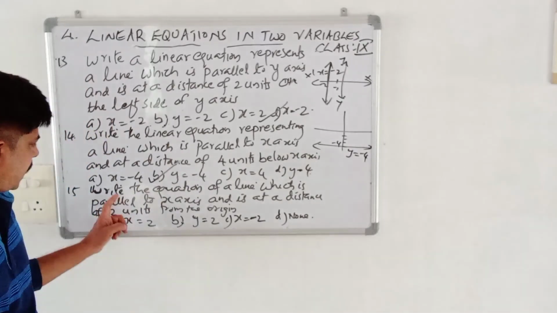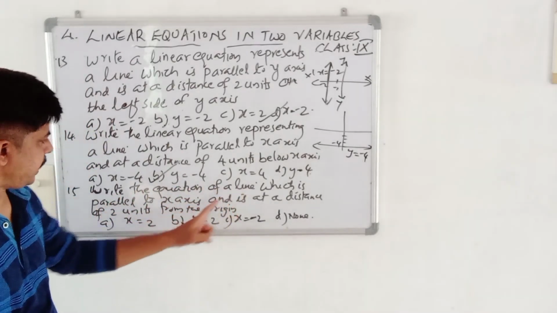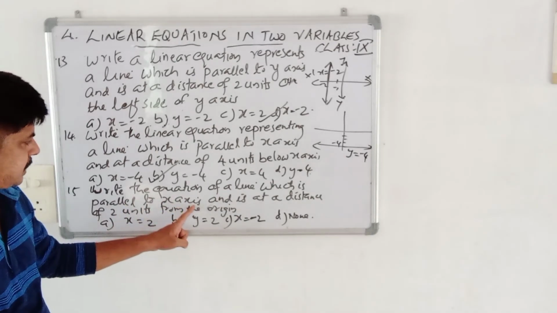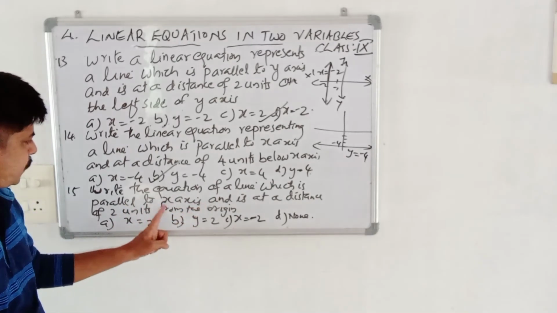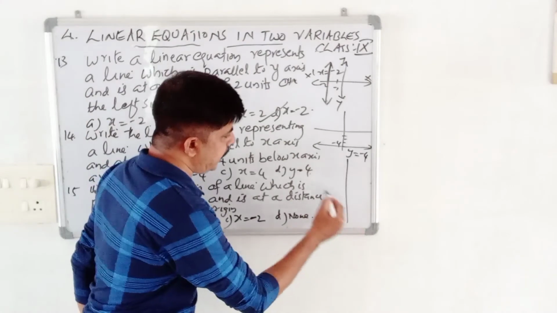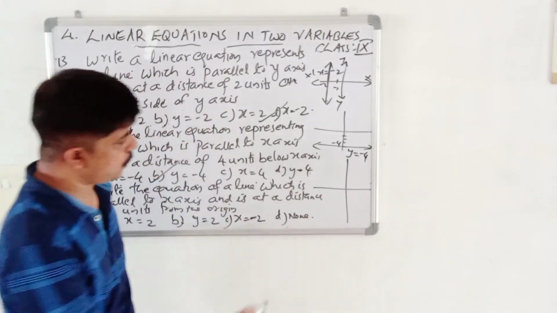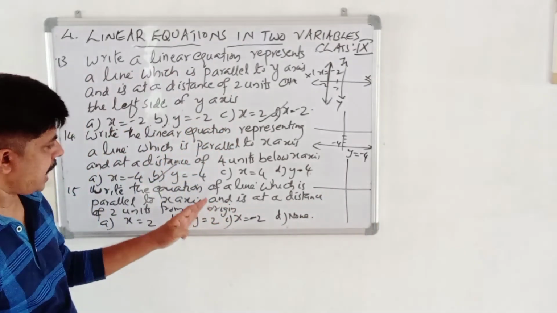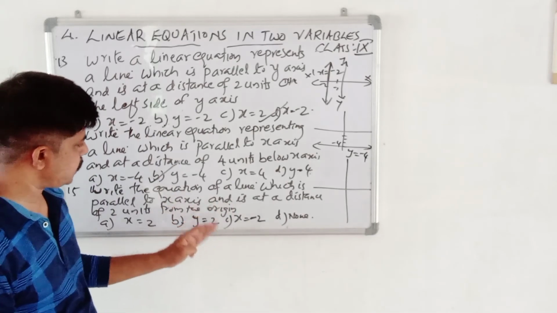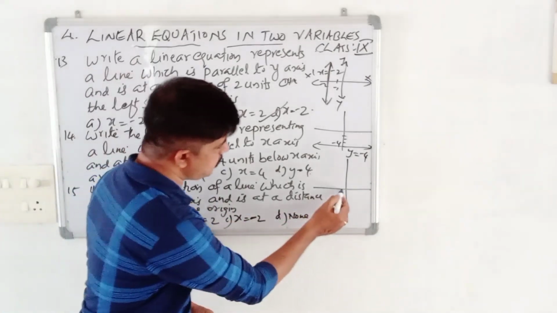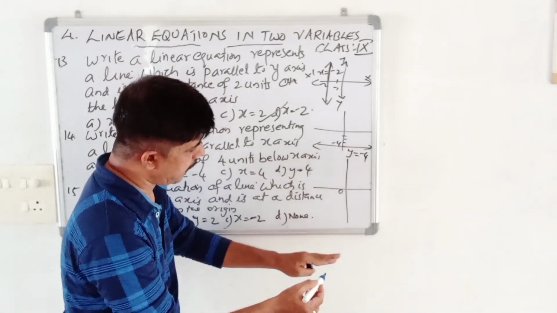Now, lastly we have: write the equation of a line which is parallel to x-axis and is at a distance of 2 units from the origin. 2 units from the origin means it can be above the line or below the line.